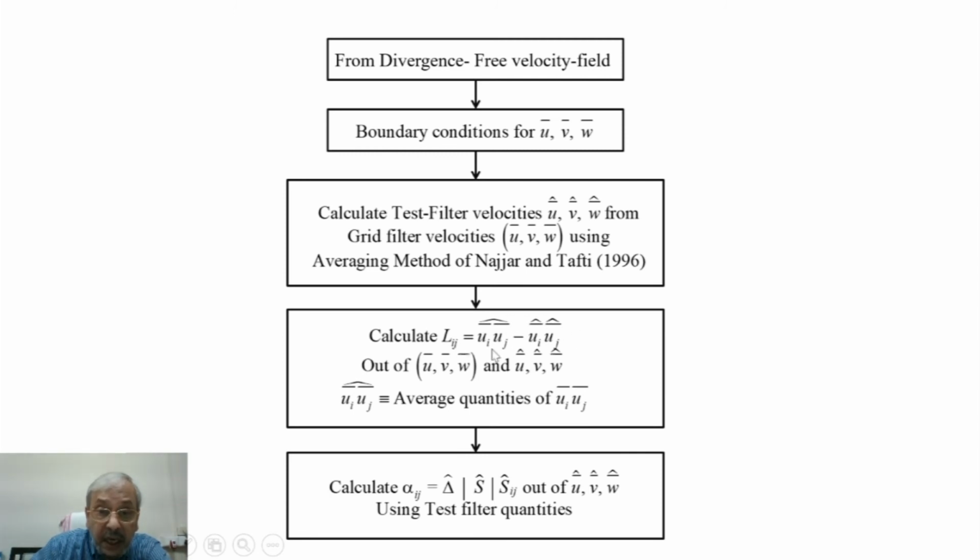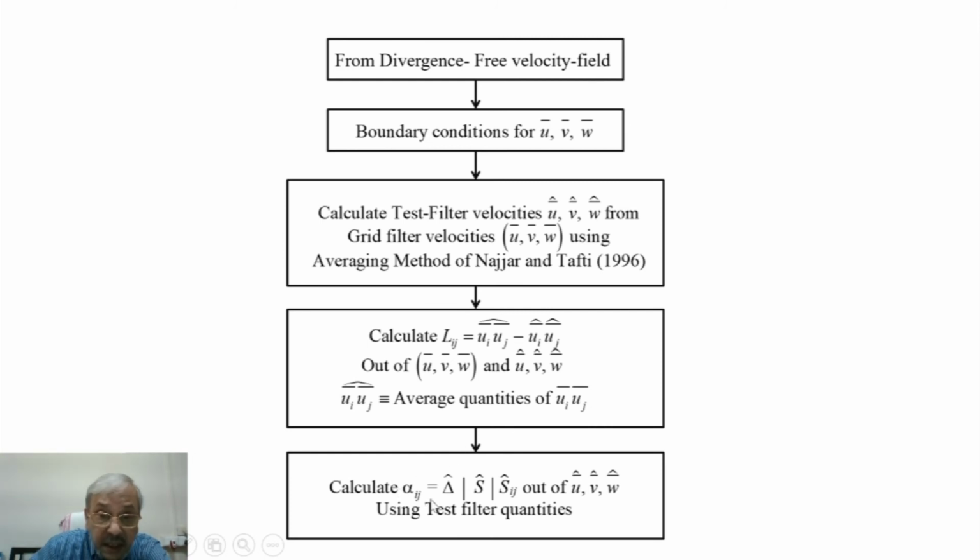You calculate Lij, and as we can see, this quantity is the average over ui bar, uj bar. From these values, these test level values are created.